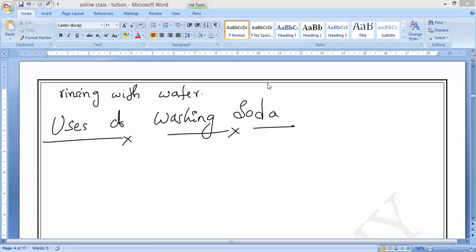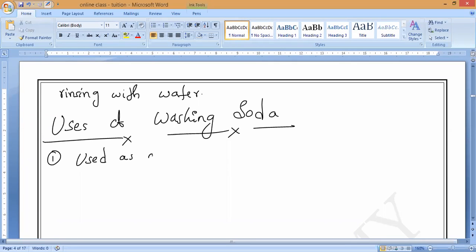Just now we have studied the use of washing soda. Washing clothes. So the first use: it is used as a cleansing agent for domestic purposes.